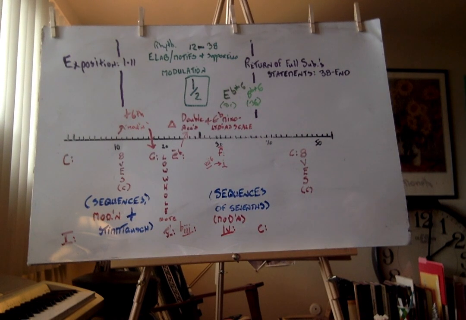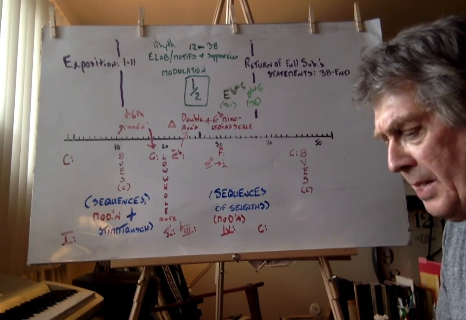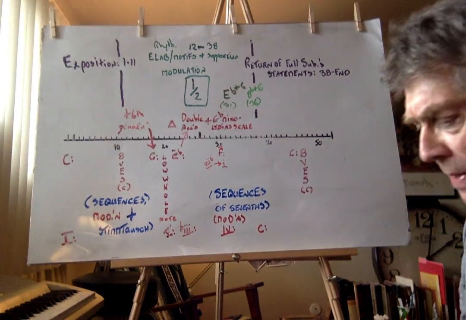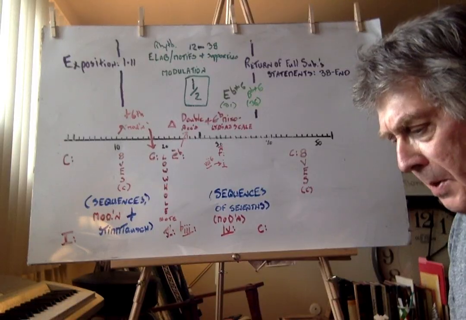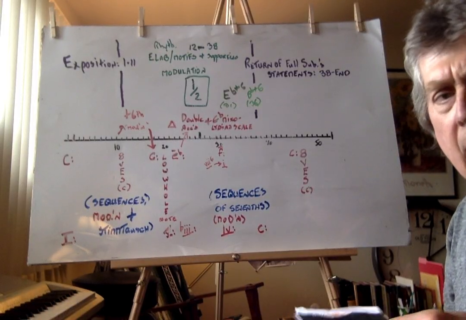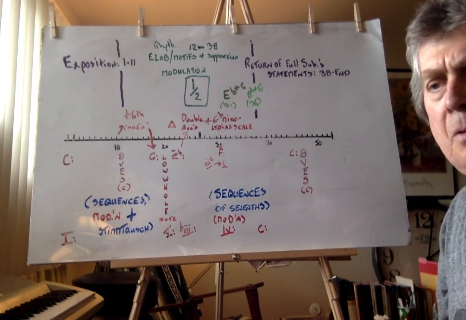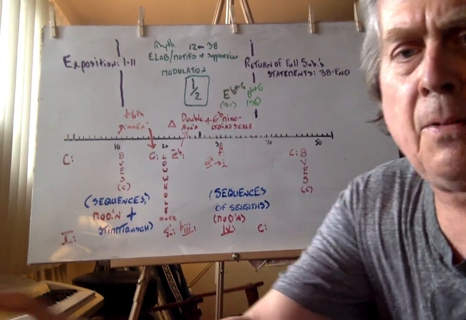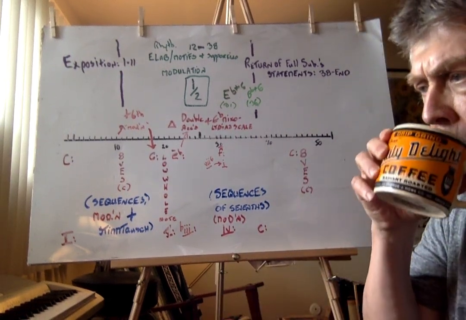Secondary modulations to foreign keys or modes often happen here, and then there's a return, as we said before. All right, so let's go through some interesting points that we noticed in this piece.